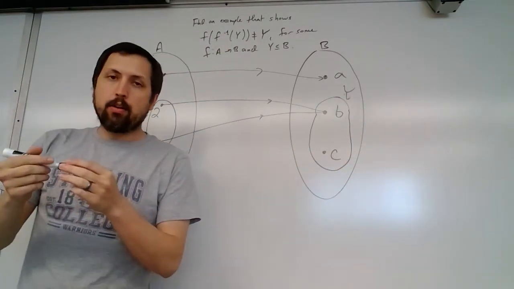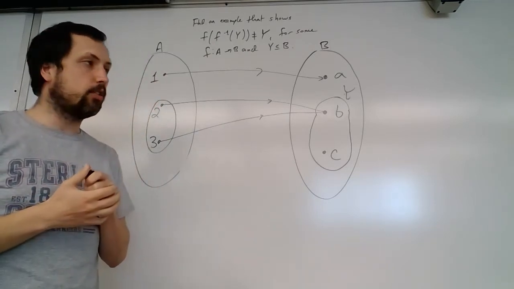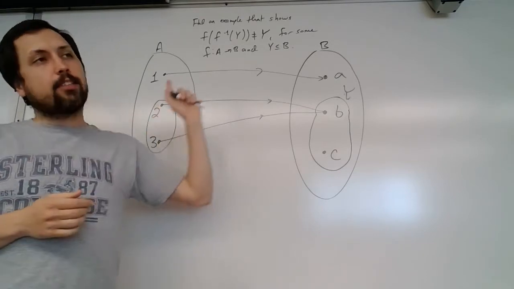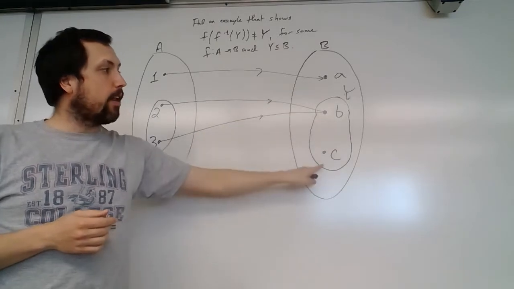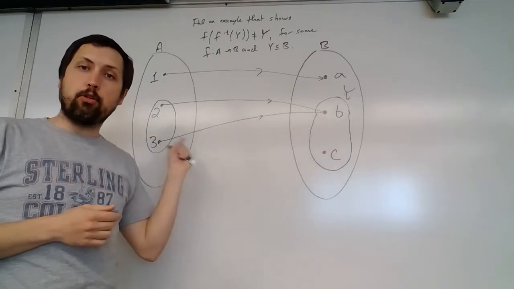So when we think about good counterexamples or unique things about functions, remember every element in our domain has to be mapped to something in the codomain, but not every element in our codomain has to have something that gets mapped to it.